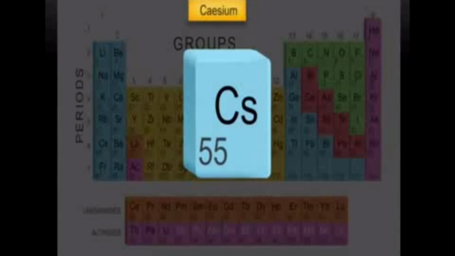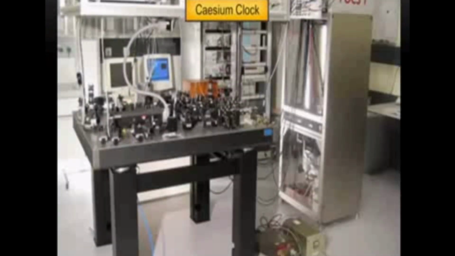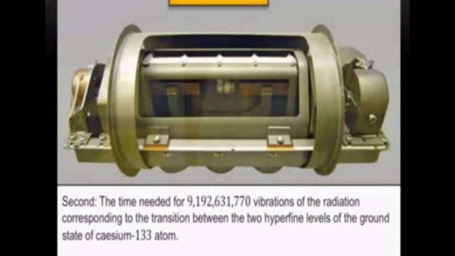So it's a periodic table. The cesium atom is used in the atomic clock. Using the cesium clock, this is called the atomic clock. Atomic clocks are used to measure the accurate time period. One second, as we already know, is the time needed for this many vibrations of the radiation corresponding to the transition between the two hyperfine levels of the ground state of the cesium 133 atom.